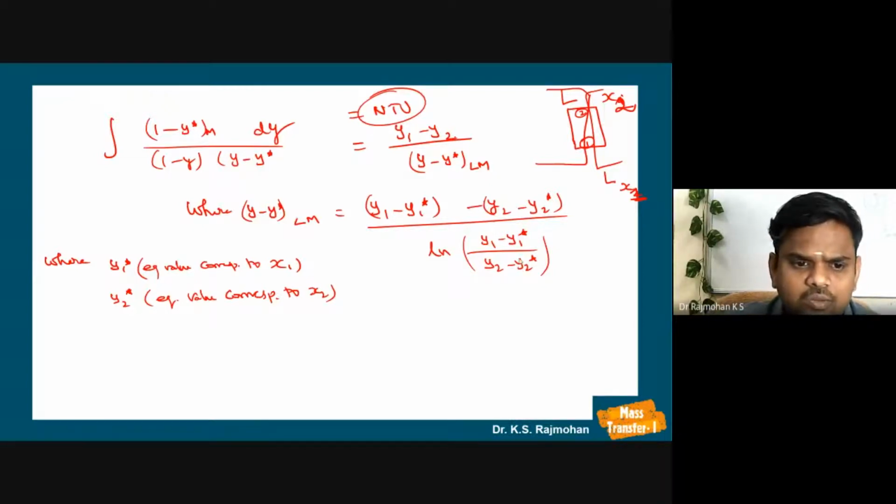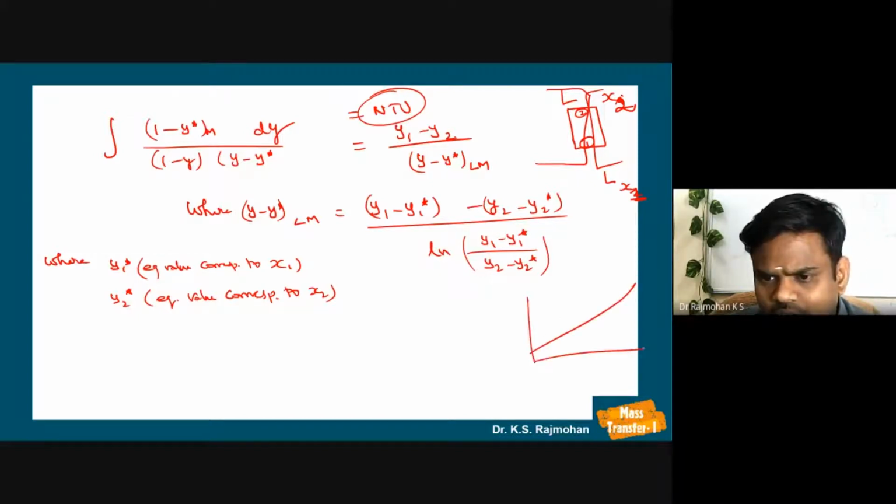Okay, so what are these y1 star and y2 star values? We have the x1 value and the x2 value. So for the values corresponding to x1 and x2, we will have y1 star and y2 star.